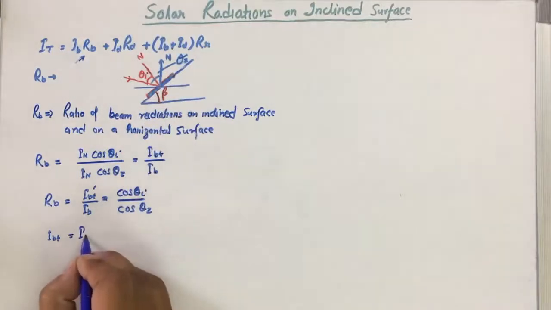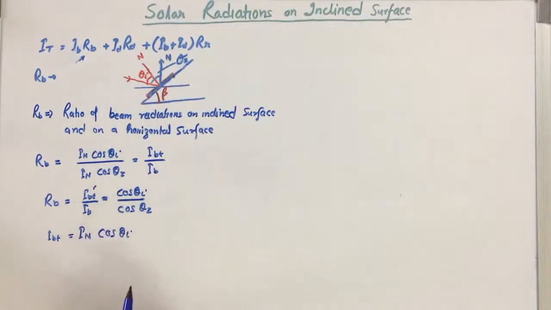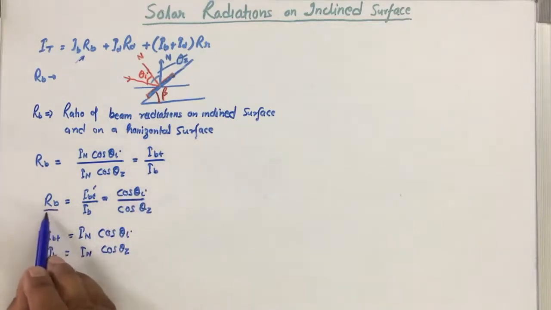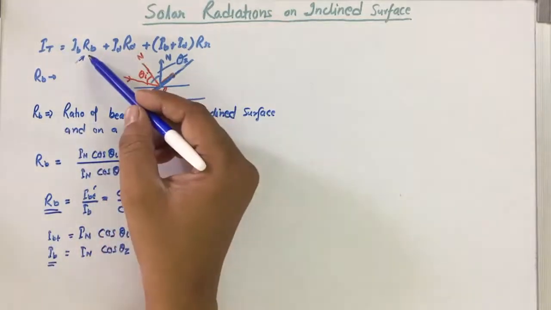So IN cos theta I, we can write like that. And similarly IB can be written as IN cos theta Z. So from here, if we are able to find theta I and theta Z, then we can find RB and IB. So that is our concern now.